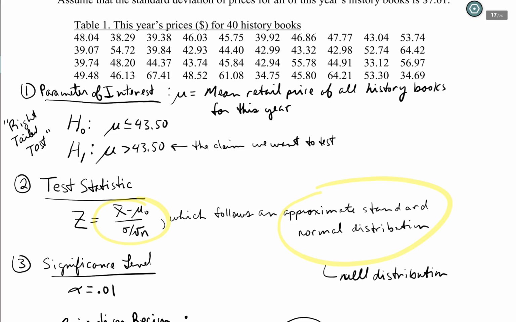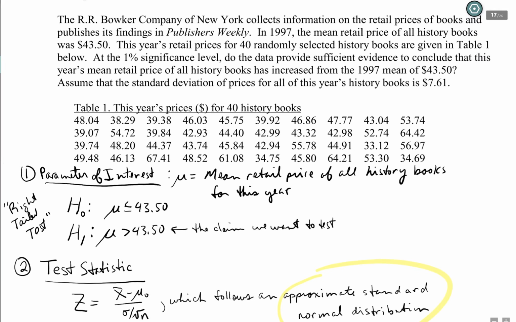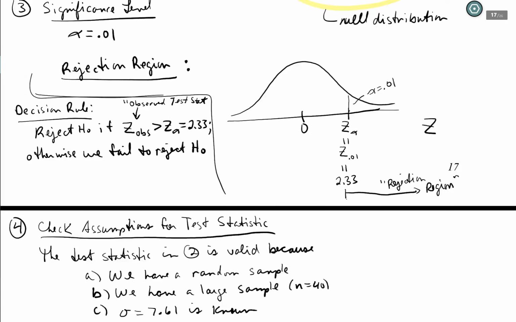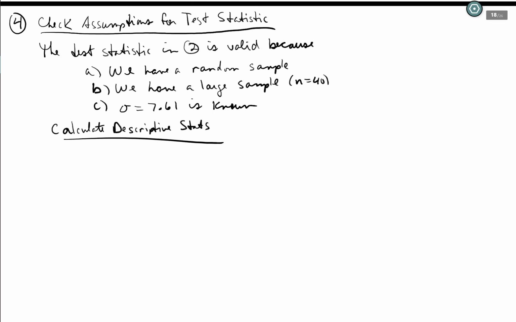Mu naught is the value of mu under the null. Sigma is given to us, and n is the sample size. I'm confident that you can take the average of those 40 data points, and if you do that, you'll see that the sample mean is 46.93.